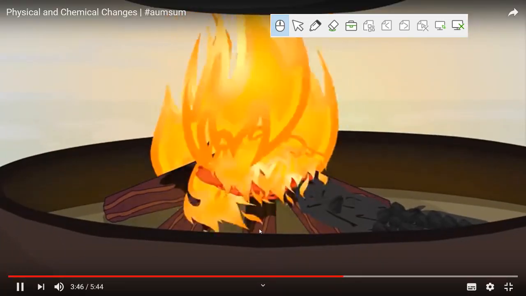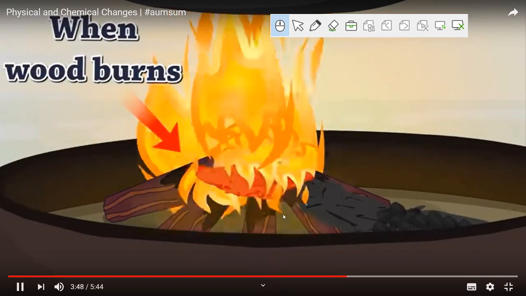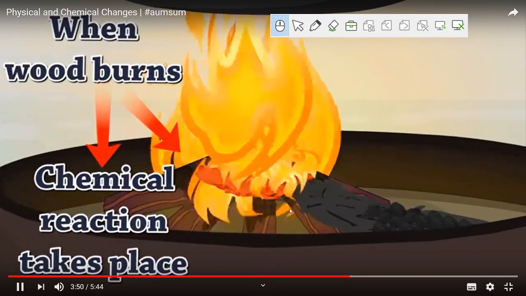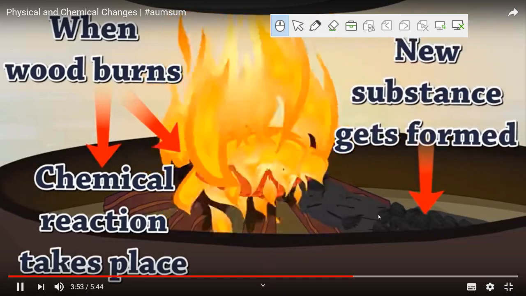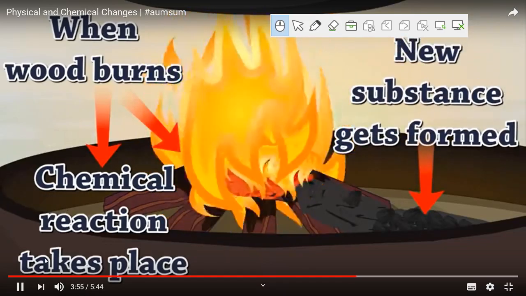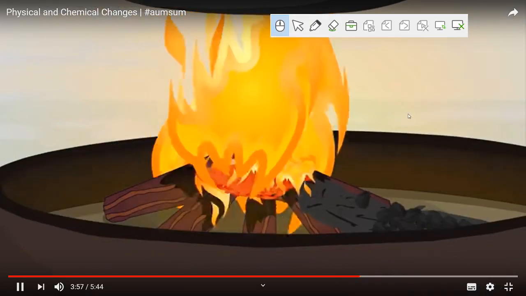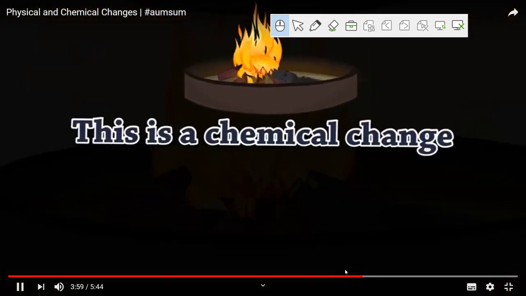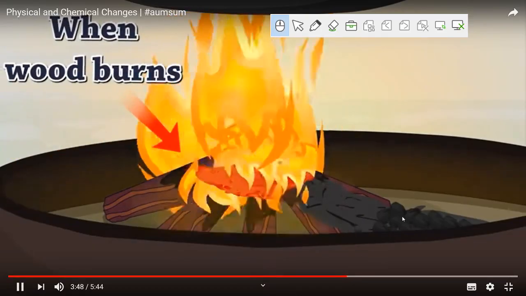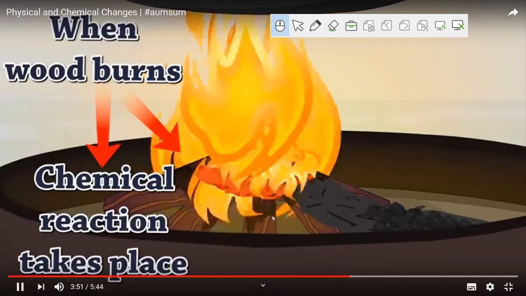Look here, the wood burns and changes into tar. Chemical reaction takes place. New substance. The wood.